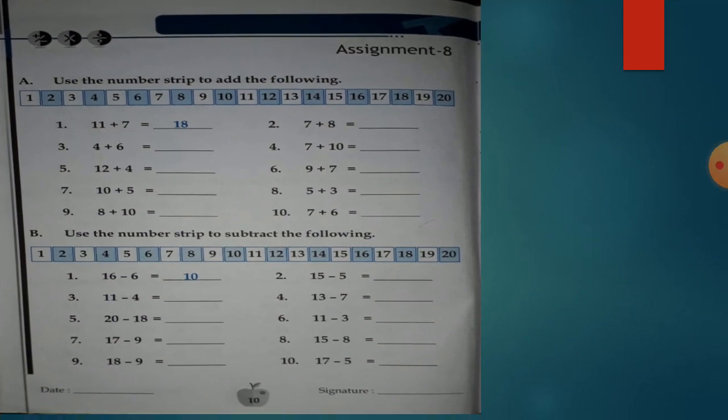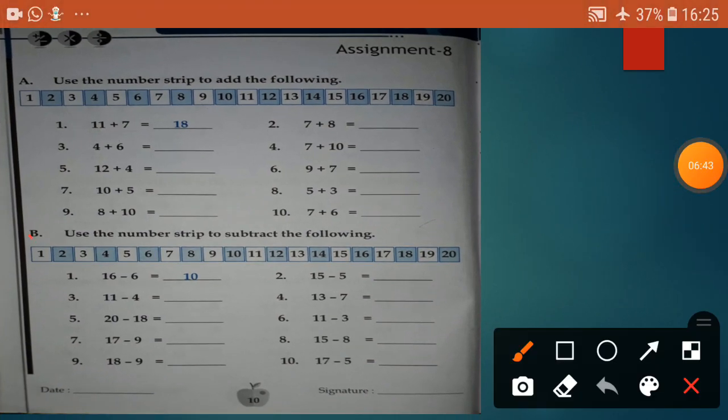B. Use the number strip to subtract the following. So how will we use it to subtract? Subtract means going backward on the number strip. Everyone follow me. 16 minus 6, you see here.